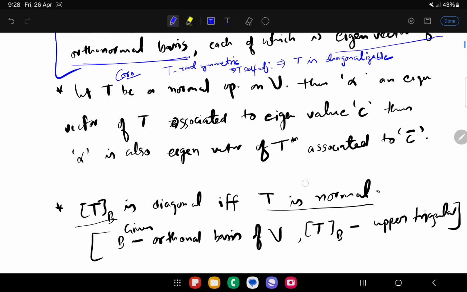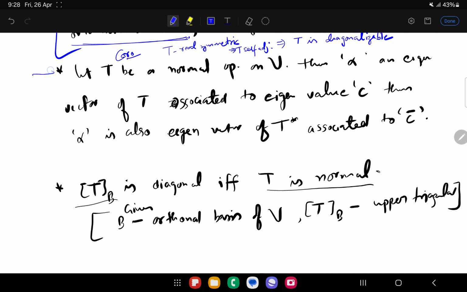Next result: T is a normal operator on V, and alpha is an eigenvector associated to eigenvalue c. Then alpha is also an eigenvector of T star, but associated to eigenvalue c bar.